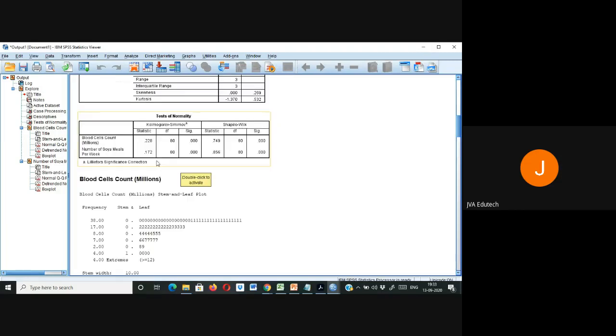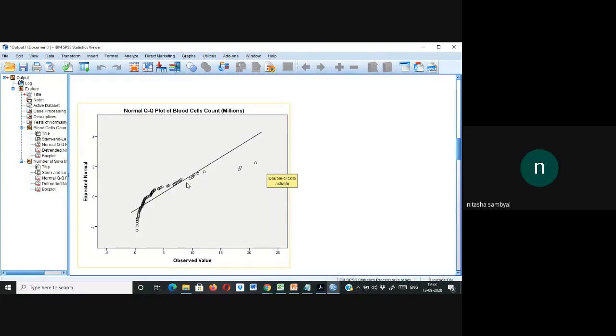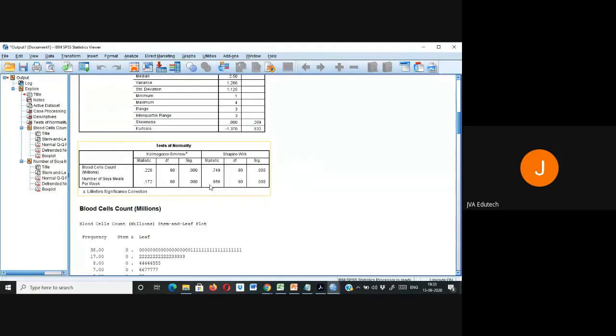But overall, the statistics and the normal Q-Q plot also tell you that your data set is not normally distributed. Sometimes this Kolmogorov-Smirnov test may give different results, but since your sample size is very small, 20 in each group, you can go for the Shapiro-Wilk test. The Shapiro-Wilk test tells you that the assumption of normality is not met.